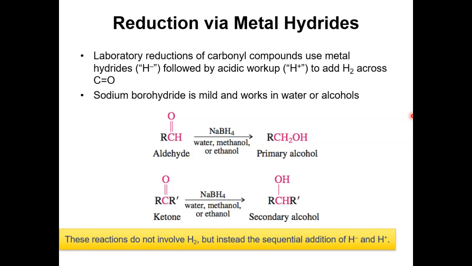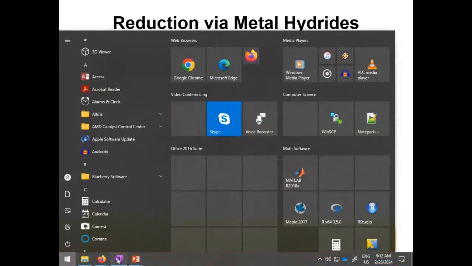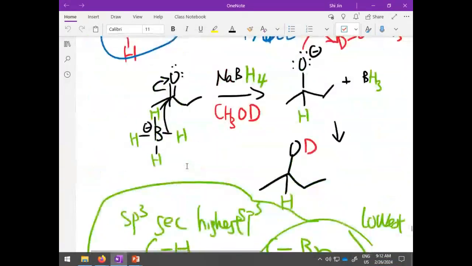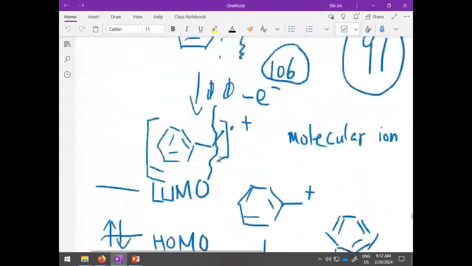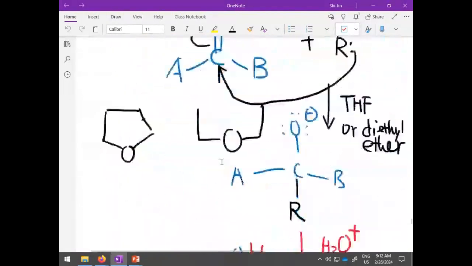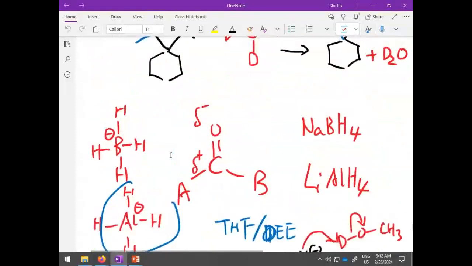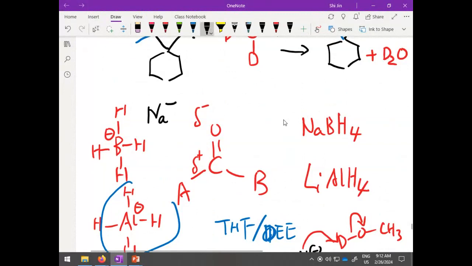There are two kinds of metal hydride. One is sodium borohydride. The other one is lithium aluminum hydride. These two reducing agents can be viewed as a combination of spectator ions, the sodium cation for sodium borohydride and the lithium cation for lithium aluminum hydride, and the real anionic active nucleophile.